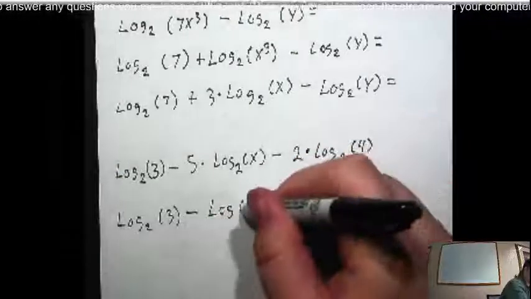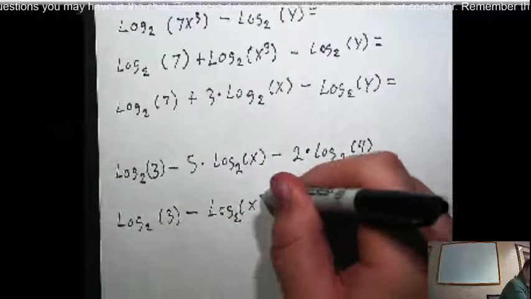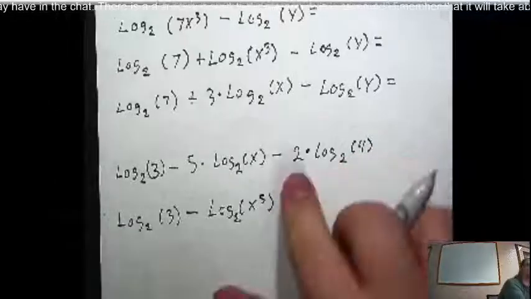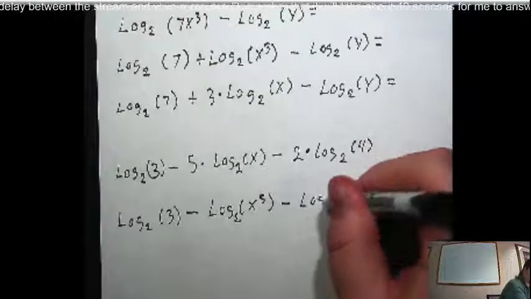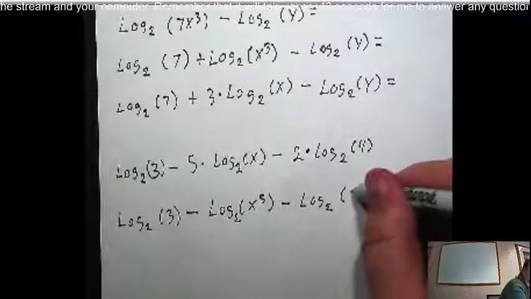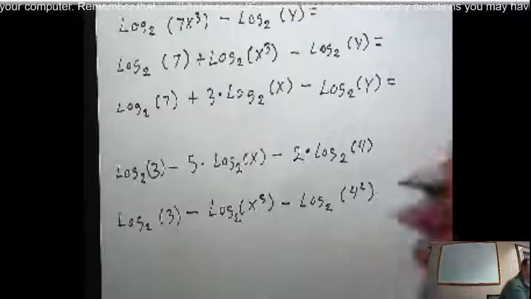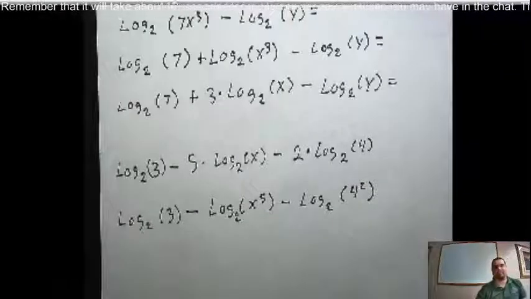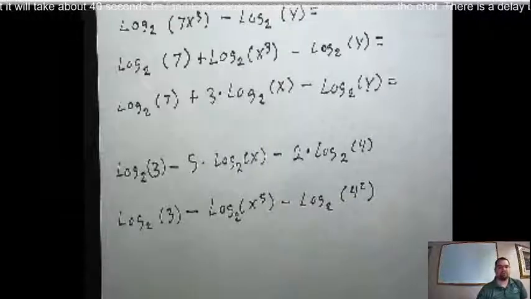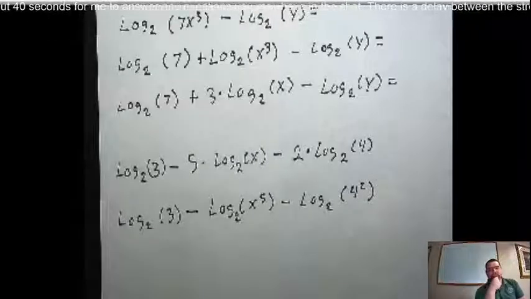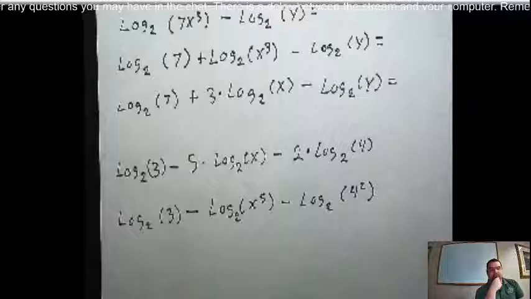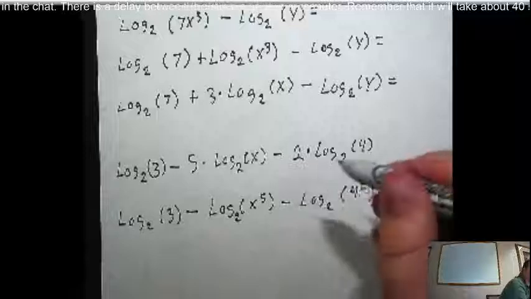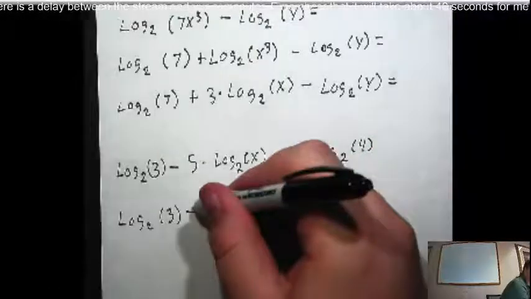So log base 2 of x to the 5th minus, again, this 2 is going to become a power of 4. Log base 2 of 4 to the 2nd. Oh, I'm sorry, I've got this wrong. This is supposed to be plus.